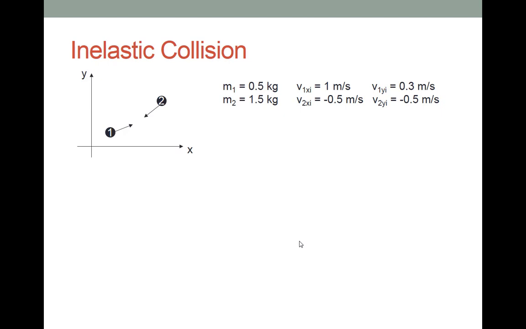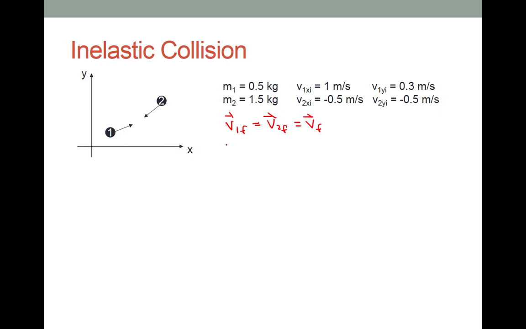And remember, when you have a perfectly inelastic collision, the two objects stick together and move off together. So V1 final is going to equal V2 final, which is going to equal V final in this case.